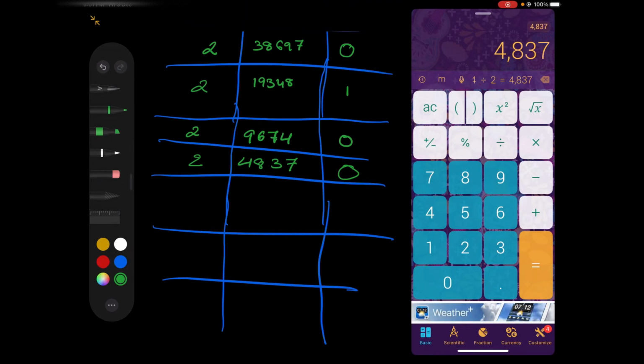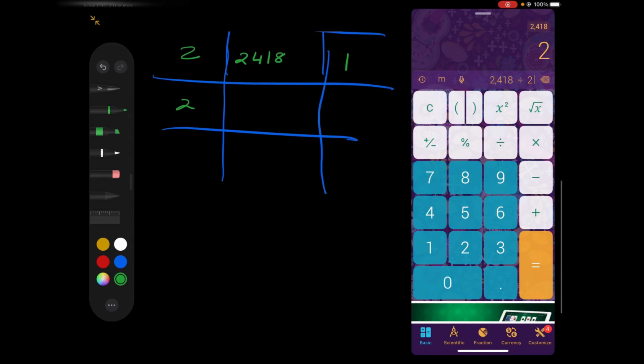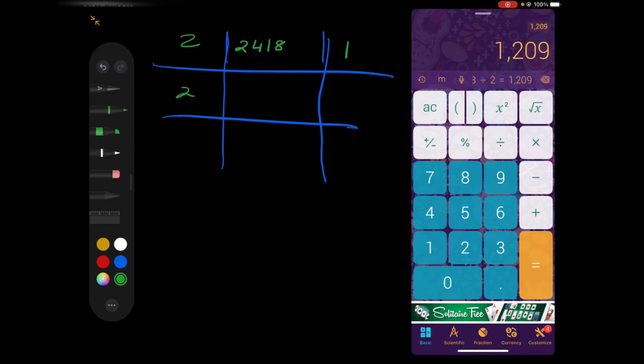Now again we divide this number by 2, and we are getting a decimal, so we write 1 here and write the number here, subtract 0.5, and again divide it by 2. We are getting the answer 1209, and no decimal, so we write 0 here.